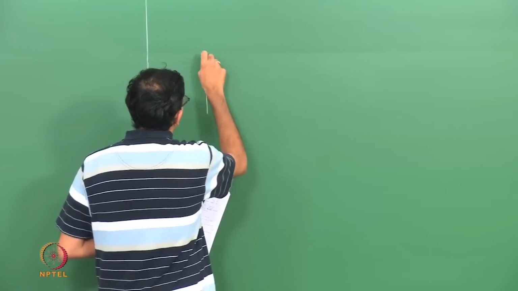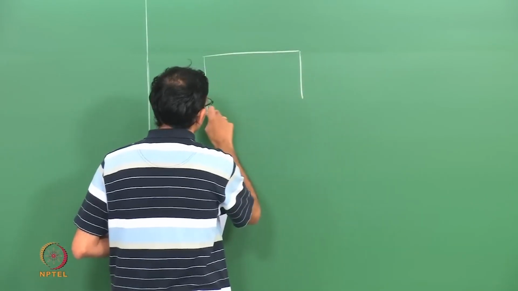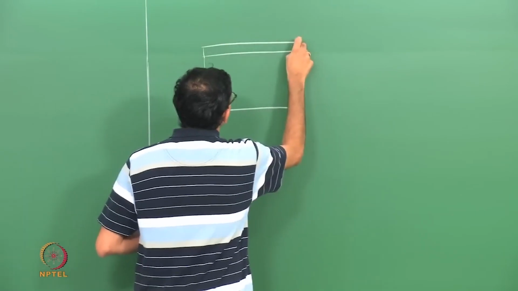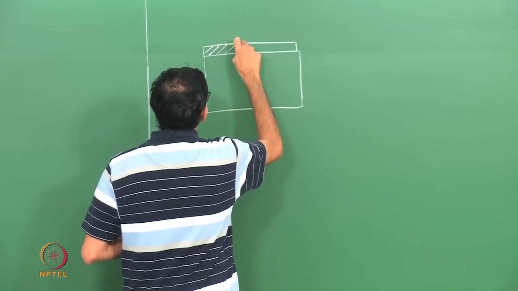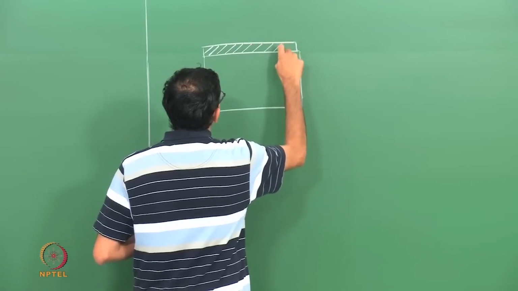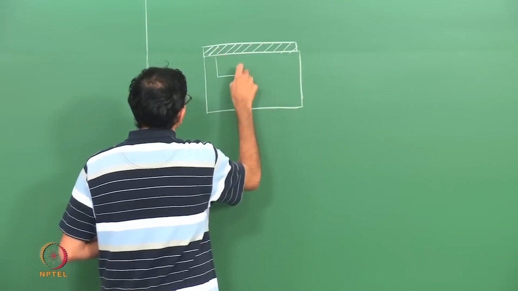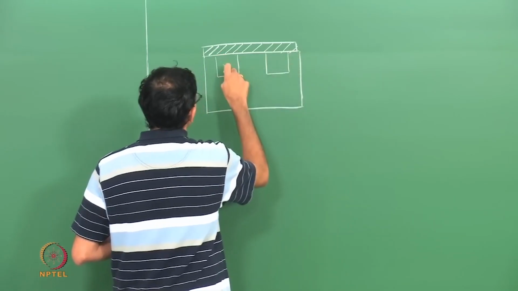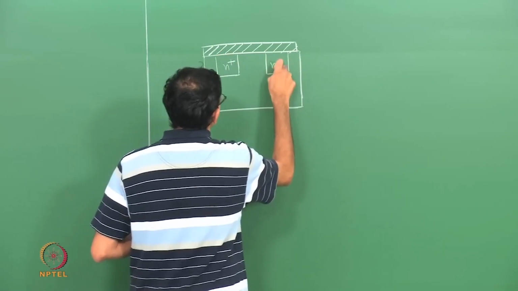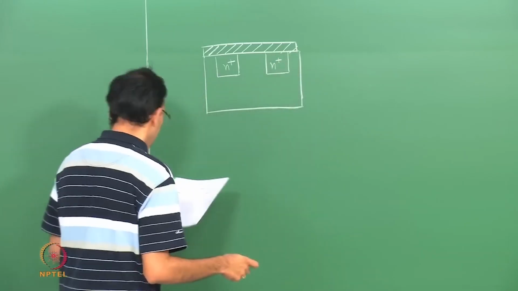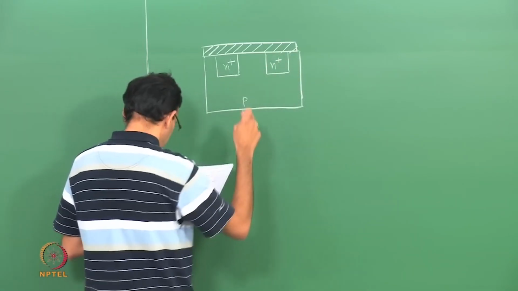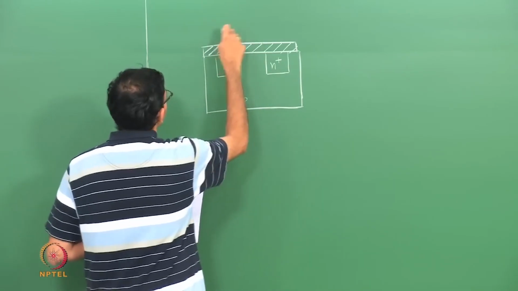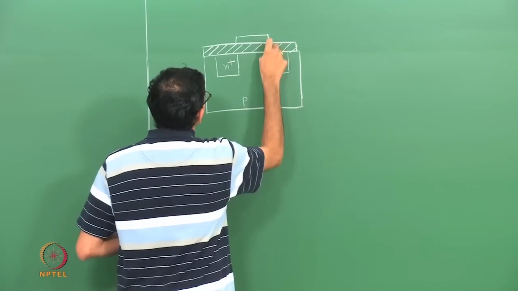Once again I have my MOSFET, my two N plus regions, I have a bulk P region and I have my gate.